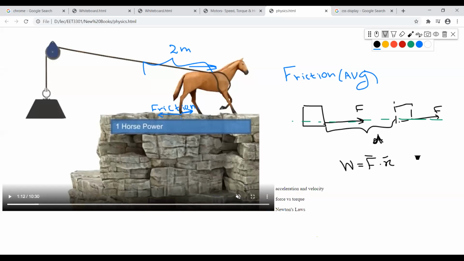So in this case, I have given you the x value. It is 2 meters. And the only force here is the friction force, as we can assume, right?